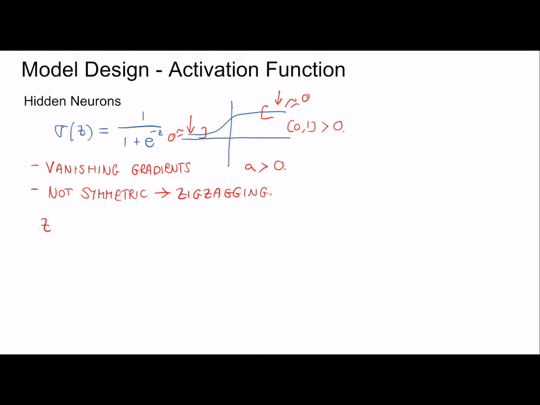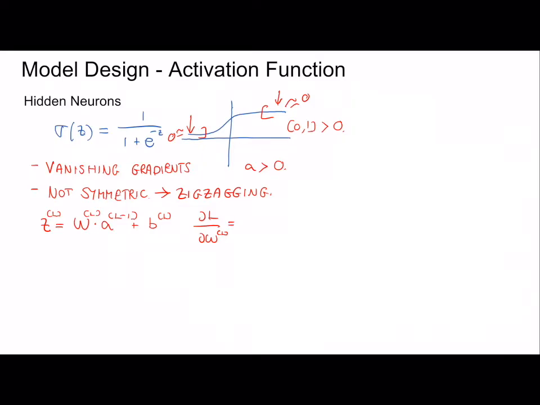If I have z equal to W times the output of the previous layer, this is one particular layer, plus b of L, and I take the gradient of the loss with respect to WL.